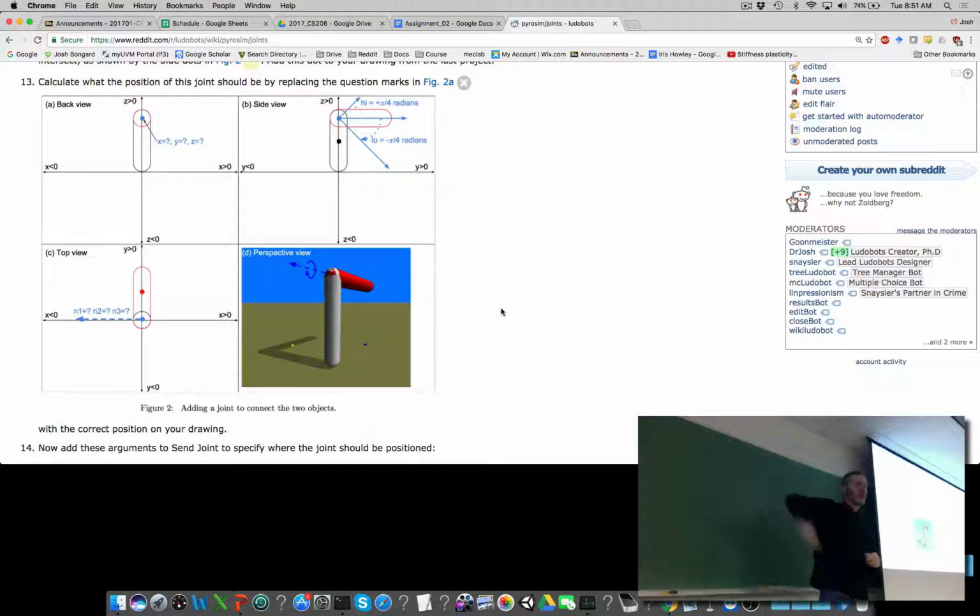You need to think about where the joint should be placed. What plane do you want the pair of objects to rotate through? What is the vector that's normal to that plane? Pass that vector to PyroSim, and you'll get these two objects to rotate relative to one another, in this case, in the YZ plane. So what are the values of N1, N2, and N3 after all that build-up?